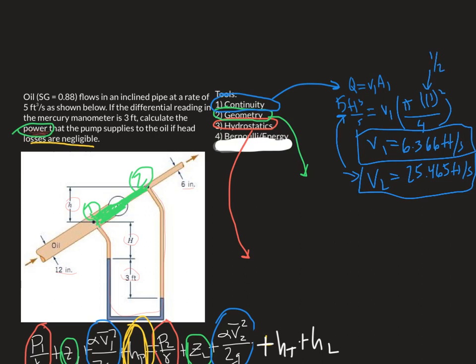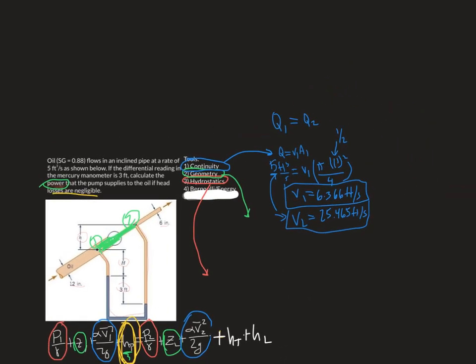The other way is to recognize ratios. If Q1 equals Q2, this is a kind of major aside: V1A1 equals V2A2. We solve for V2, so V2 equals V1 times A1 over A2.